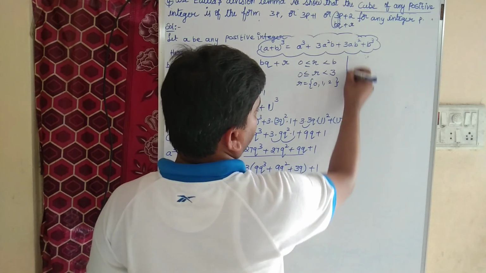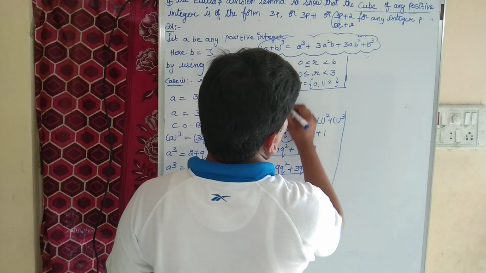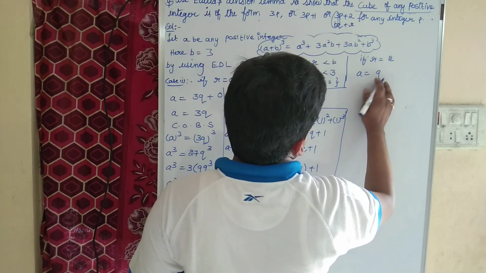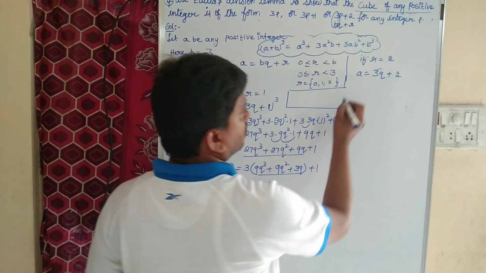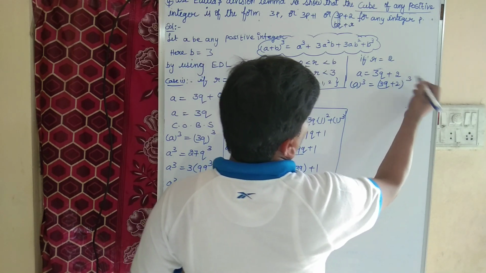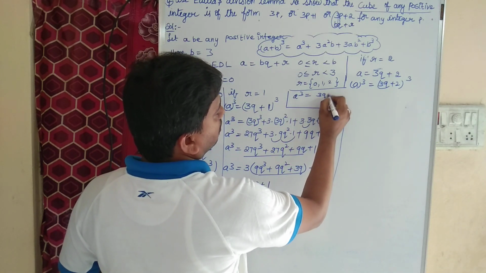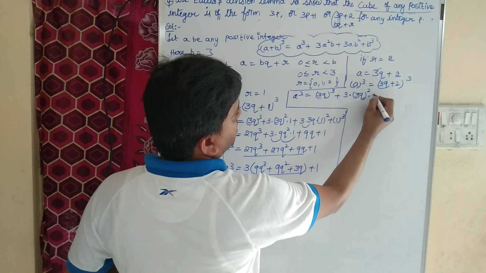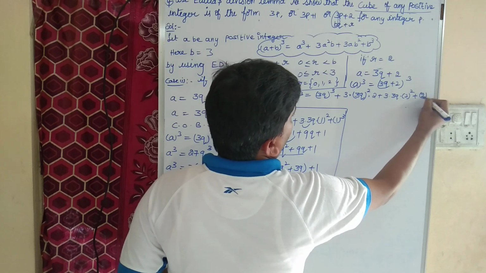Now case 3. If r equal to 2, what is Euclid division lemma? a equal to bq plus r, I mean 3q plus 2. So cubing on both sides, a cube equal to 3q plus 2 whole cube. So that implies a cube equal to a cube plus 3a square b plus 3a b square plus b cube.